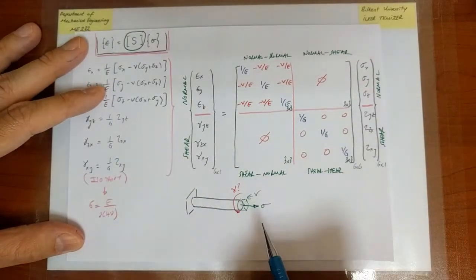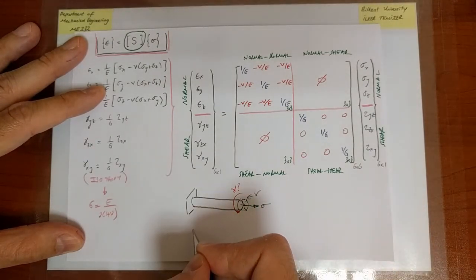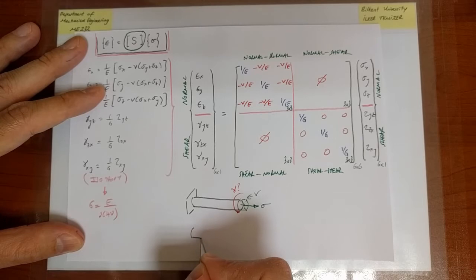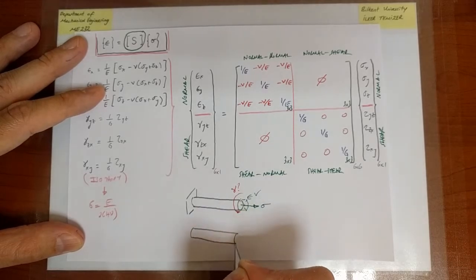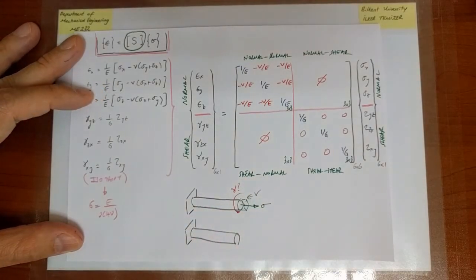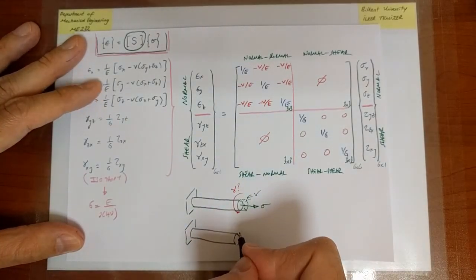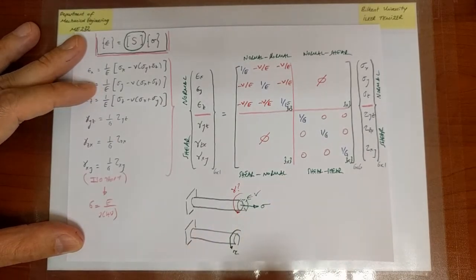Now, another scenario. Let us imagine that we have, again, a cylinder. Same thing. And now instead what I do is I torque this thing. And so I apply some shear stresses. And my question is, well, what would happen as a result of that?